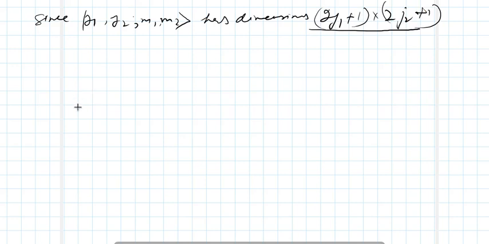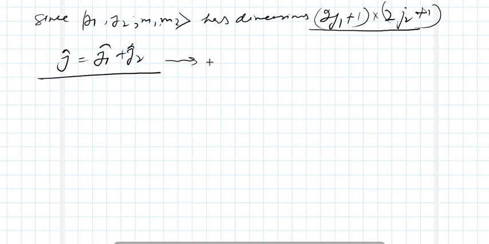But if I look at J equal to J1 plus J2, then their dimensions are different from this dimension.